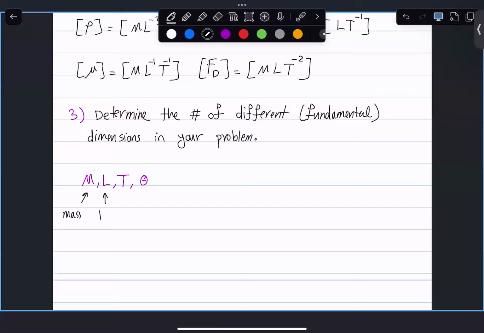This is length. T is time. And theta is temperature. Usually we don't have theta in this class, but in thermodynamics you have it. Well, we might have it in some examples, but usually we don't. So usually we have 3, MLT, but again, the maximum you can have is 4. Okay?